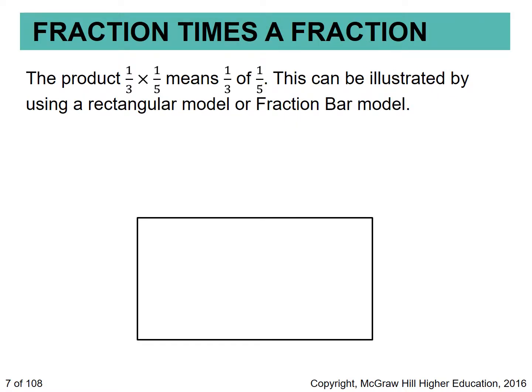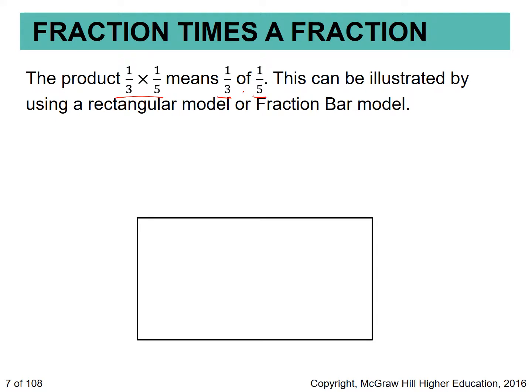Now, multiplying a fraction times a fraction, we can illustrate with both a fraction bar model and a rectangular model. The rectangular model is somewhat like what we used with whole numbers. So let's think of what this product 1/3 times 1/5 means. We're looking at 1/3 of 1/5.